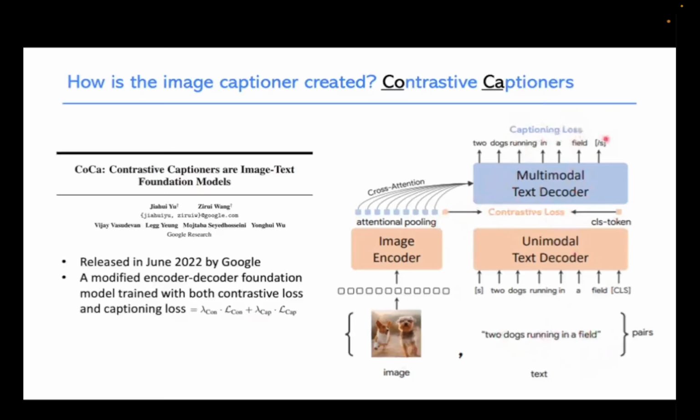By comparing those two, you can calculate the loss, and by minimizing the loss, you will get the text decoder that can generate the best caption that fits the image. Oh, so you're saying from the multimodal text decoder, we want to generate text which is as close to the text input as possible, right? Yes.